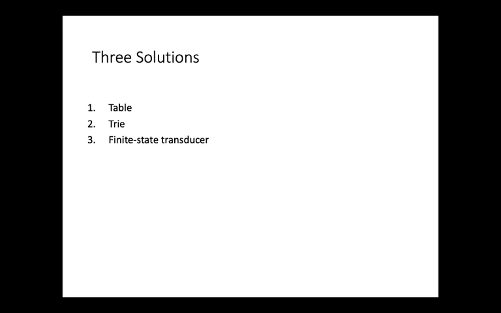So a finite state transducer is small, relatively speaking, relative to a table at least. Not necessarily much smaller than a trie, sometimes bigger.